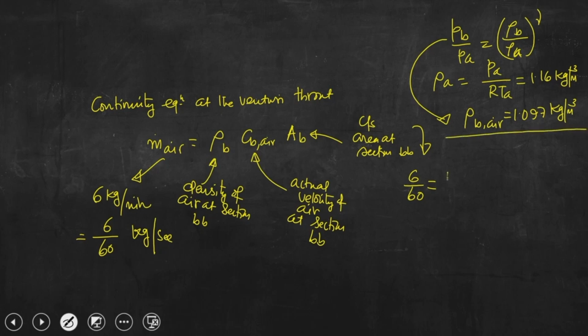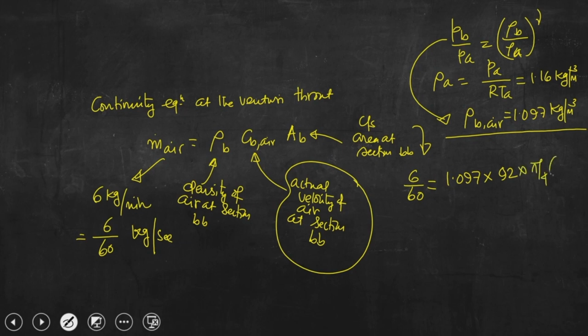So, 6 by 60 equal to 1.097 into 92, that is the actual velocity of air at section BB, multiplied by pi by 4 into dB square.